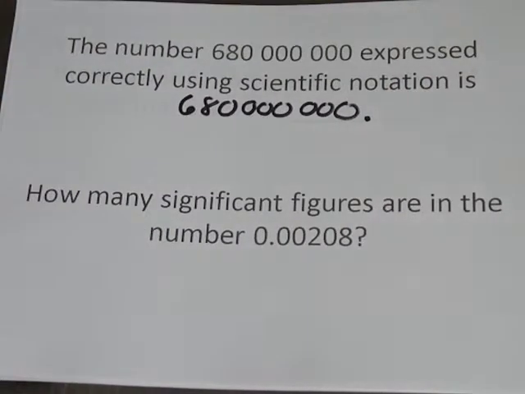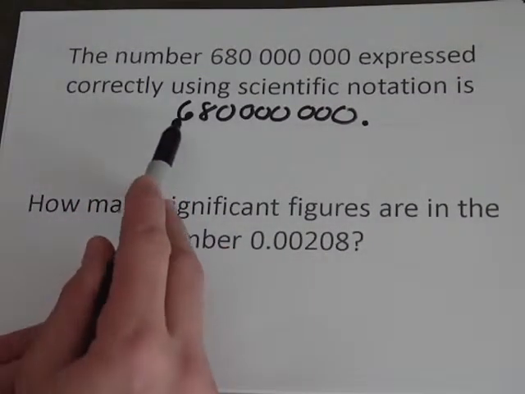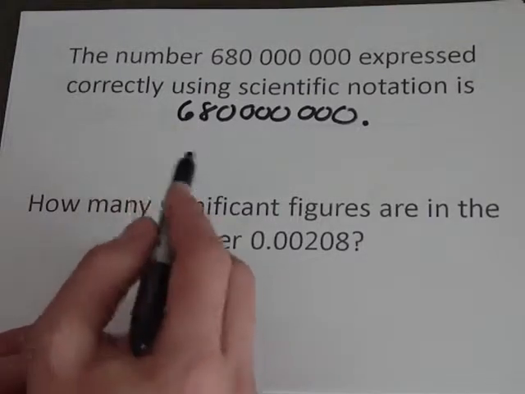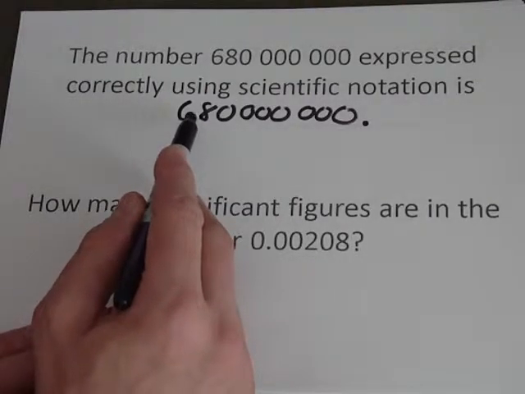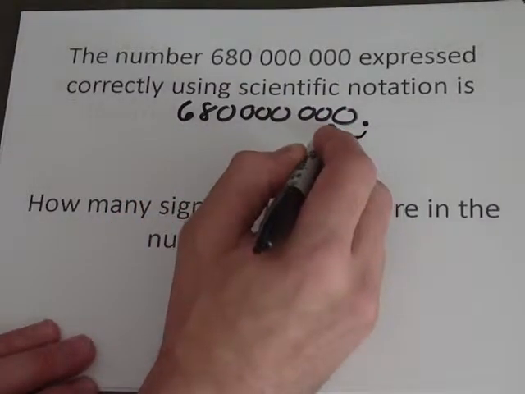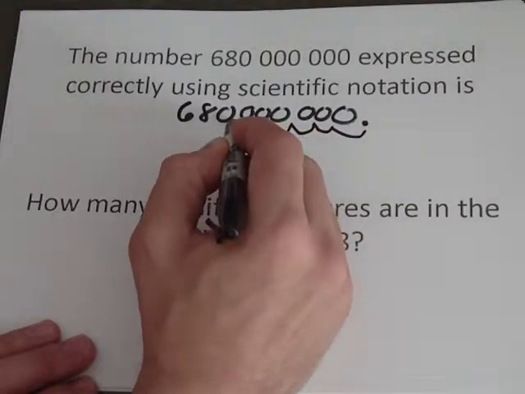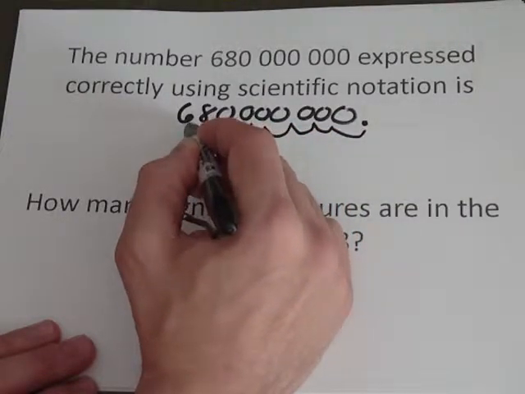Remember, when we use scientific notation, our coefficient needs to be between 1 and 10. So that would be 6.8. We need to get the decimal in between the 6 and the 8 and count how many spaces we need to move over. So that would be 1, 2, 3, 4, 5, 6, 7, 8.